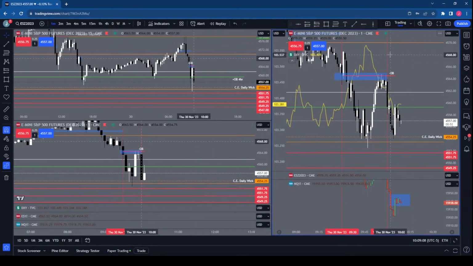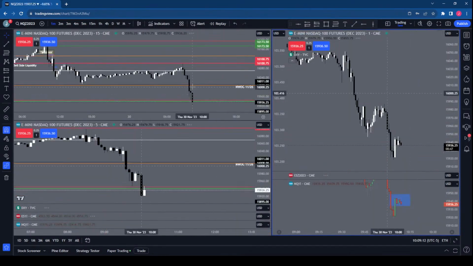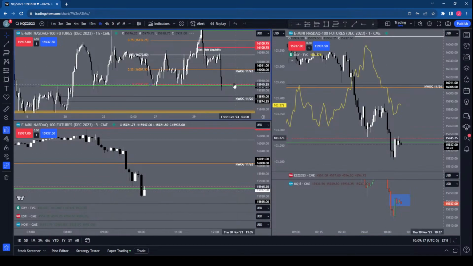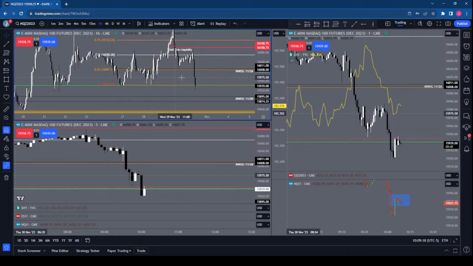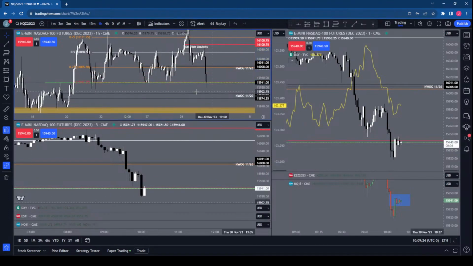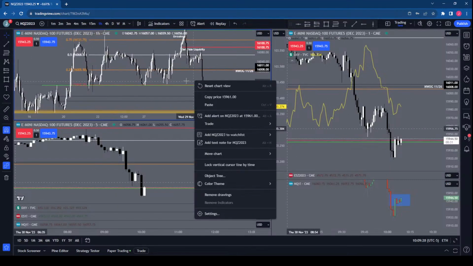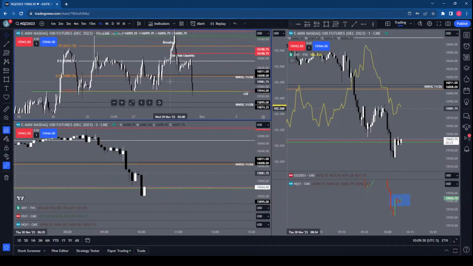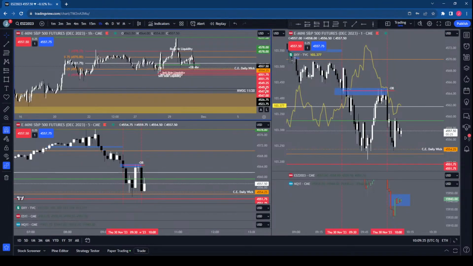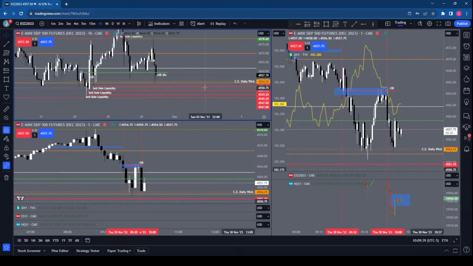Let me go over to NASDAQ. So NASDAQ is really testing the low of its range right here. Yeah, NASDAQ's making a pretty significant low that ES hasn't yet.